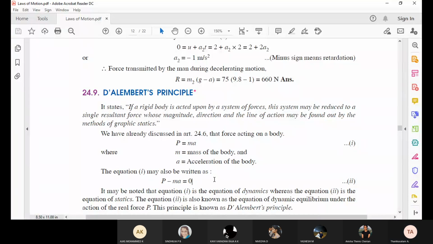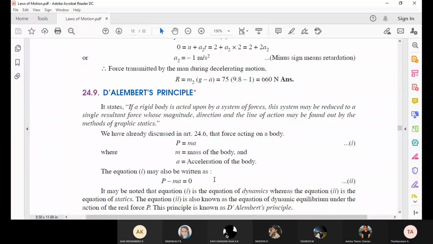It is rotation, and with respect to the vertical axis, it is a uniform rotation. It's not moving zigzag this side and that side. So that is called dynamic equilibrium.